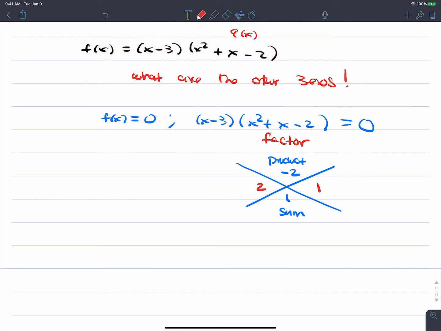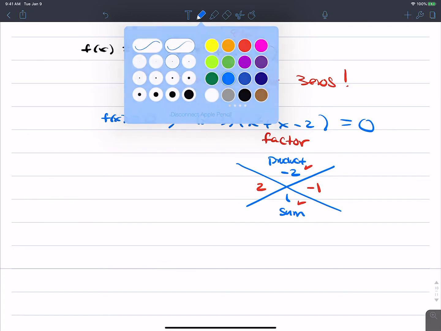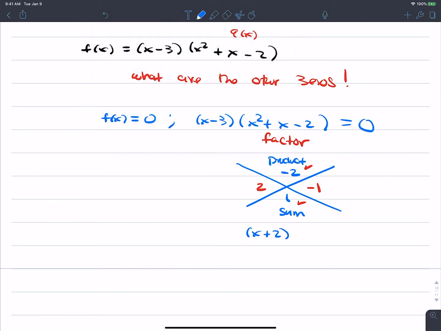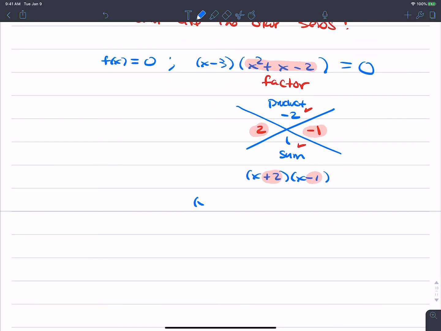You can say 2, 1, make the 1 negative, because 2 times -1 is -2, and 2 minus 1 is +1. So these are the numbers. So you have x plus 2 here, x minus 1. Don't forget, 2 goes here, -1 goes here. You have factored this trinomial. So altogether, you have x minus 3 times x plus 2 times x minus 1 here, and that equals 0.